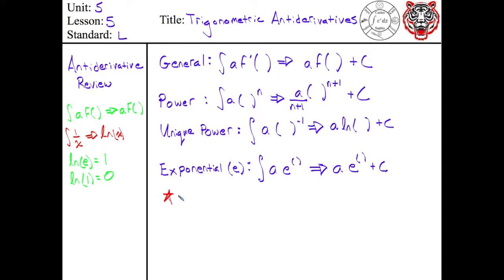You use u substitution, u sub, when the inner's derivative is not equal to 1. So you always look at that inner, whatever is inside the parentheses. If you take the derivative of that and it's not equal to 1, you need to use u substitution. And the quick way that we did that was using taxman.